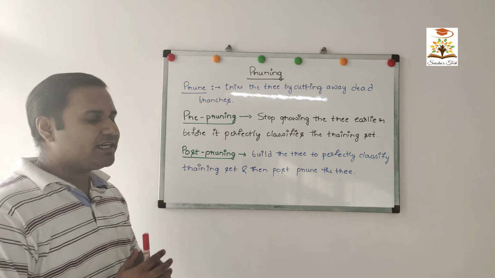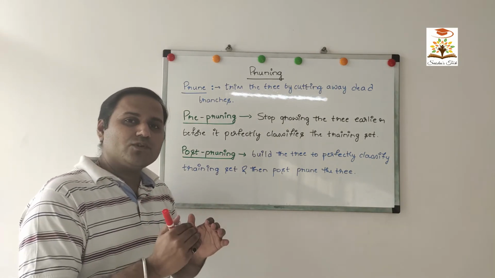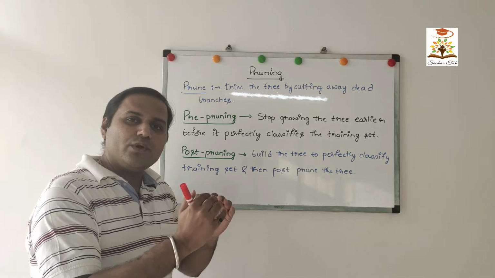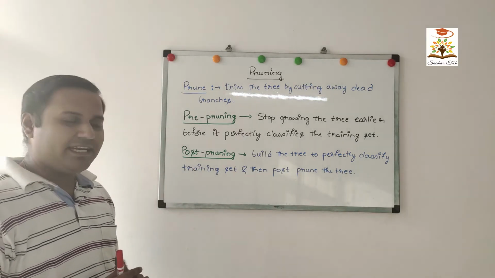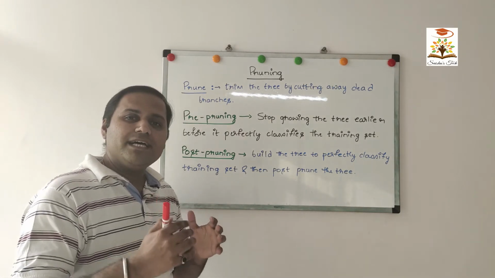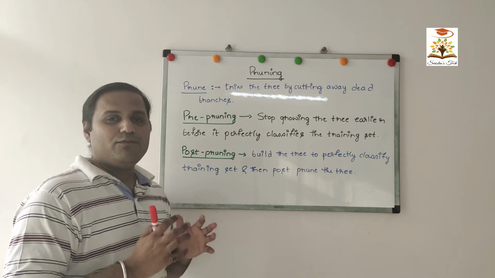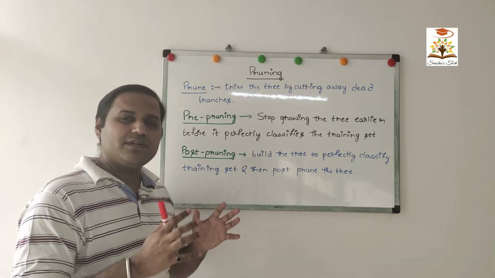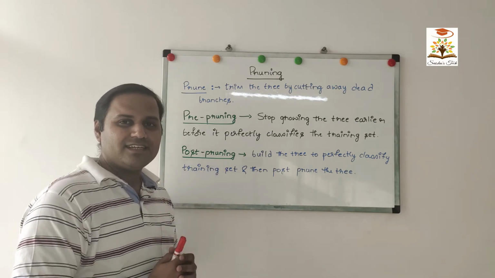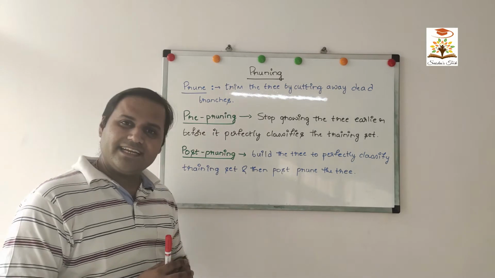In the case of pre-pruning, it is difficult to analyze exactly when to stop growing the tree. Hence, the post-pruning technique is the best, widely accepted way of pruning. As we have understood these two methods, let us deep dive into the pre-pruning technique.